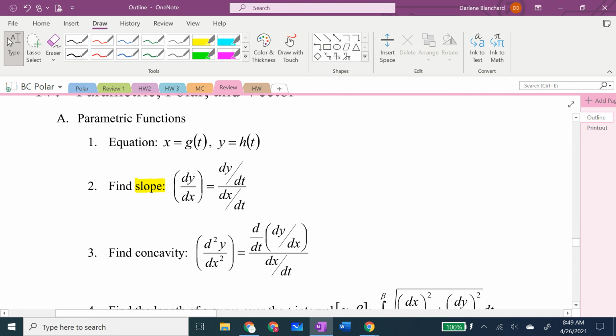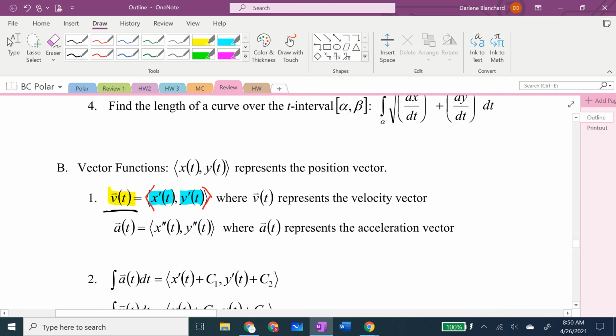If you're asked for slope specifically, it is always dy over dx. And whether you're dealing with polar or parametric or vector, it's always dy over dx. When you're given a parametric or a vector function, you have those two separate x's and y's already with respect to time. But if it's polar, you have to convert it using the polar formula.